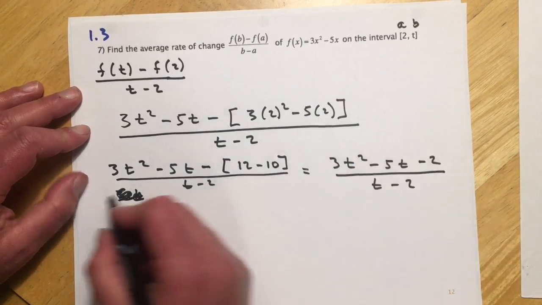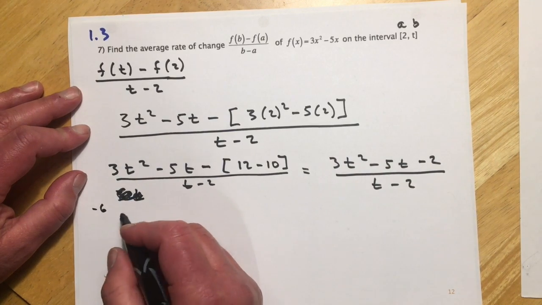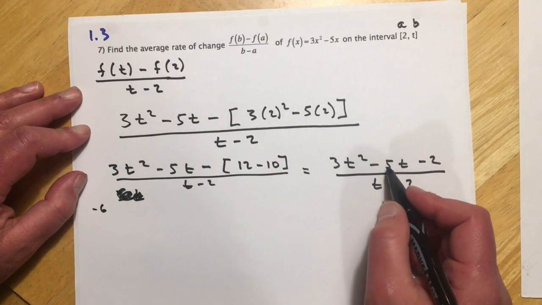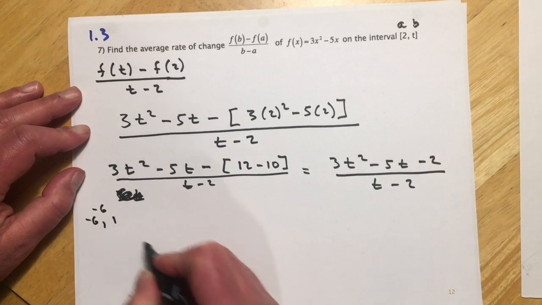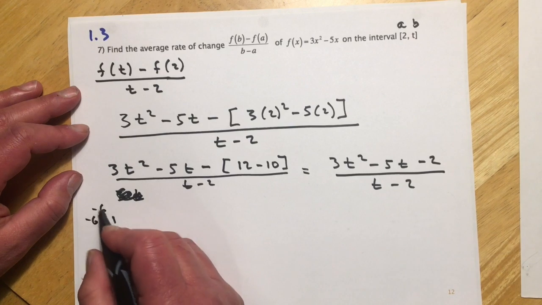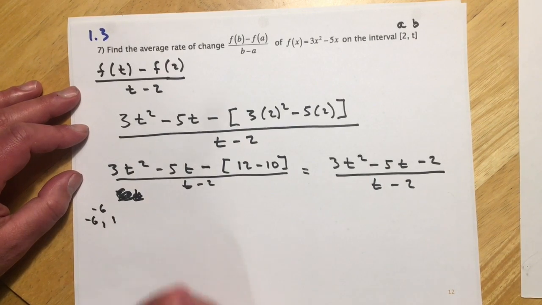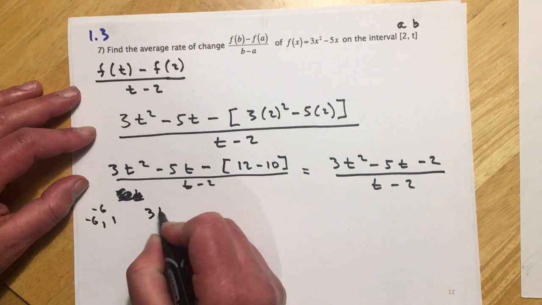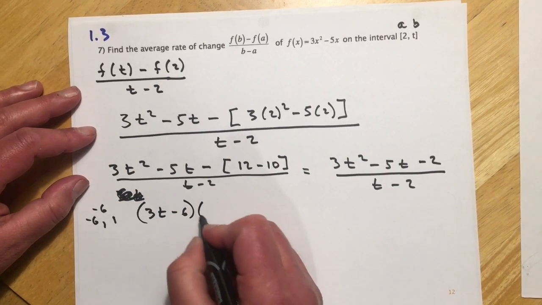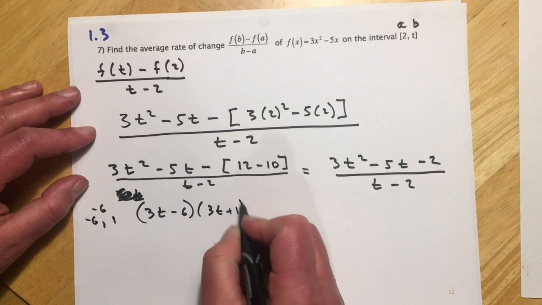So I'm doing 3 times negative 2 makes negative 6. And what multiplies to negative 6 and adds to negative 5 would be negative 6 and positive 1. Careful not to get the 2 and the 3 there, because they would multiply to a positive 6. So then this would be like 3t minus 6 and 3t plus 1.